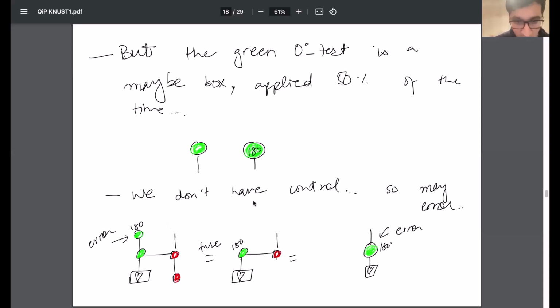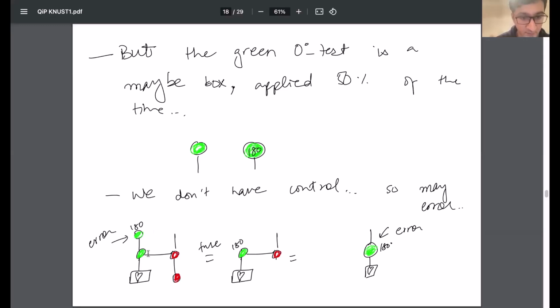In the previous example, we wanted to apply this measurement, but this measurement doesn't come for free. It is part of a measurement which can be this measurement 50% of the time and this measurement 50% of the time. So say the outcome is this test with 180-degree phase.